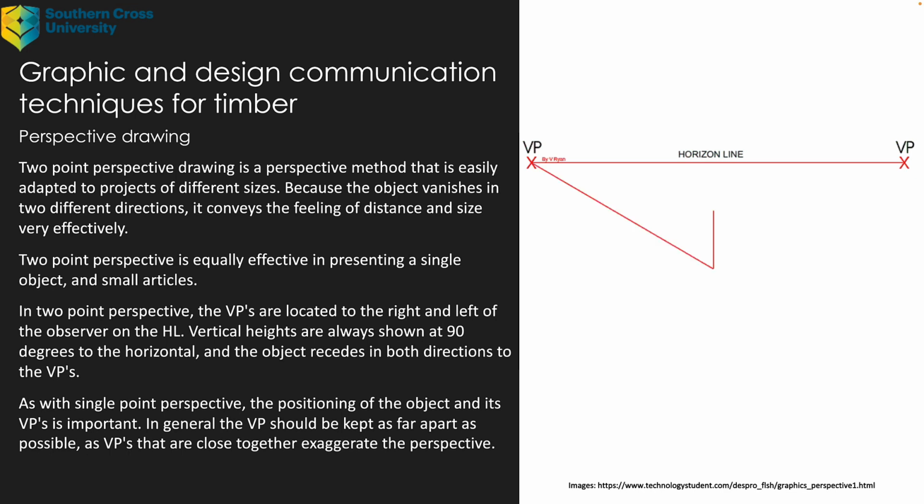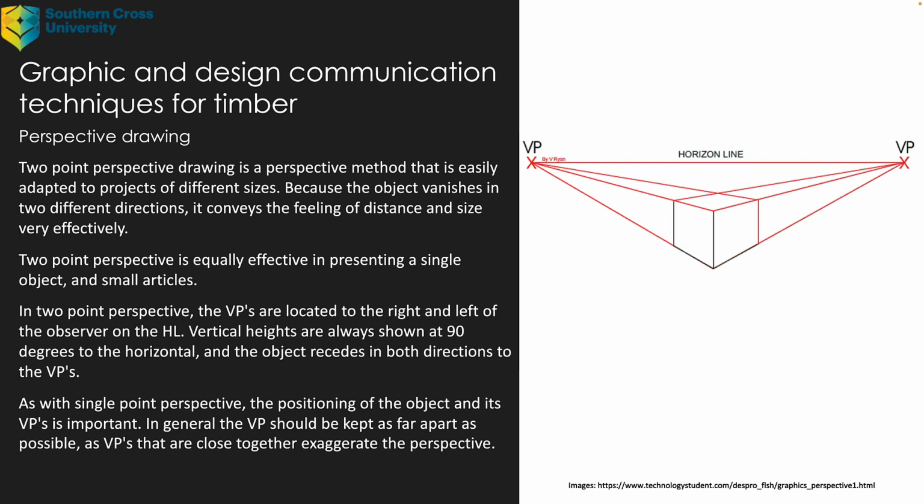Two-point perspective drawing is a perspective method that is easily adapted to projects of different sizes. Because the object vanishes in two different directions, it conveys the feeling of distance and size very effectively. Two-point perspective is equally effective in presenting a single object and small articles.